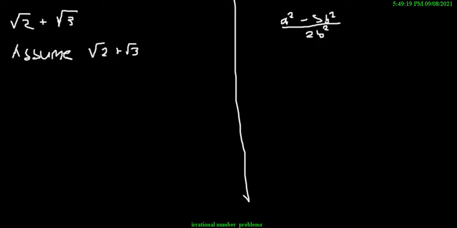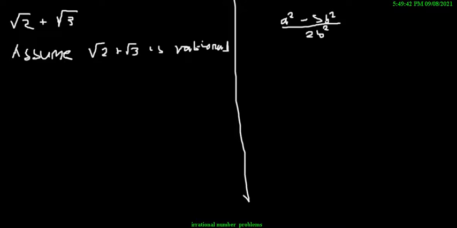As usual, we have to assume it's rational. Then we try to find out if it's rational, and if it's not, then we simply say it's not.